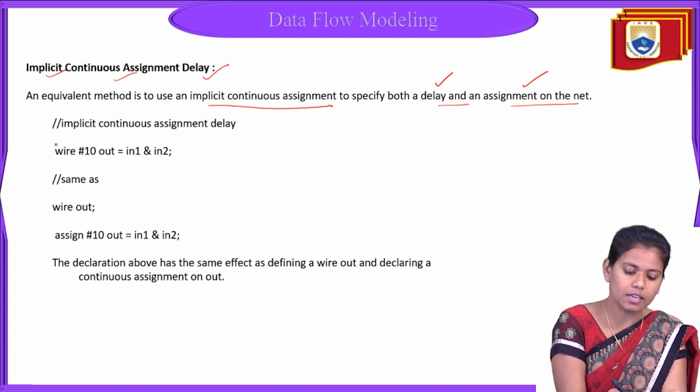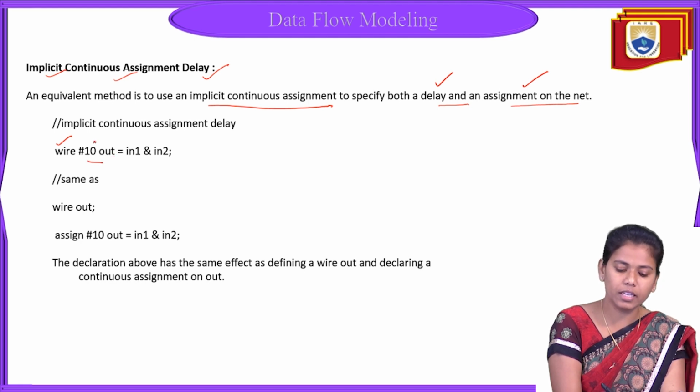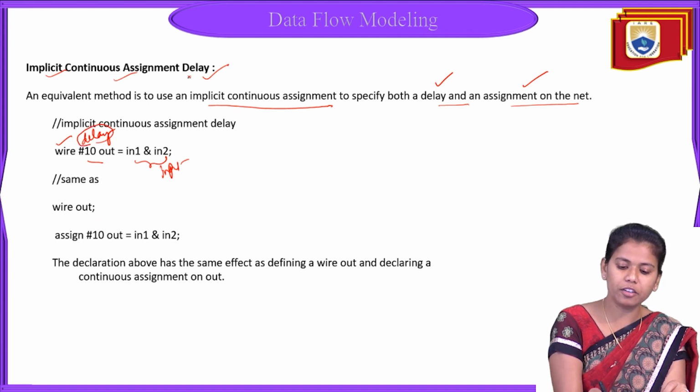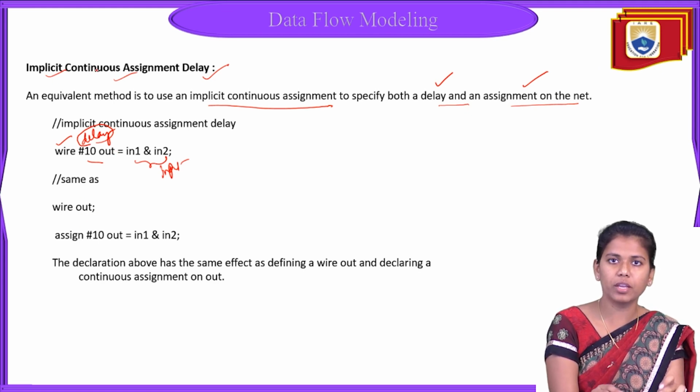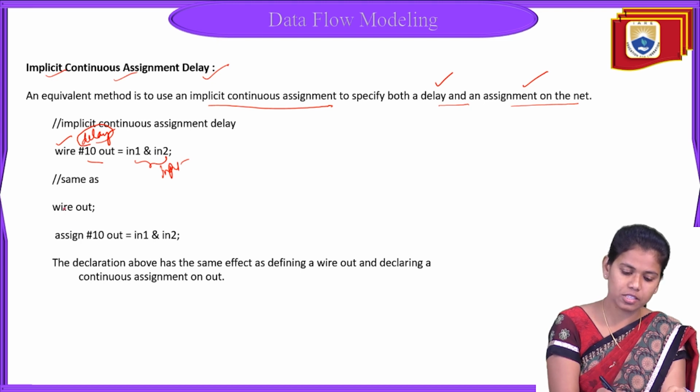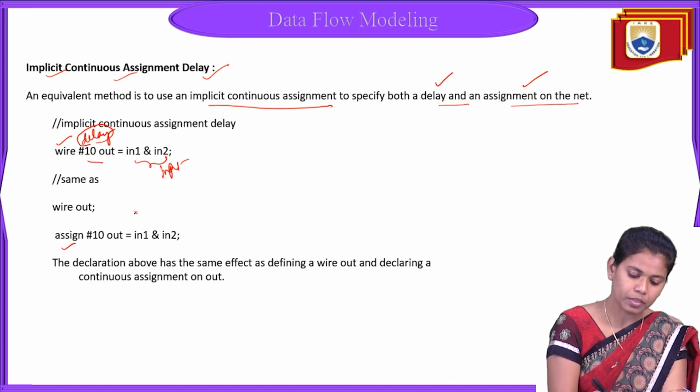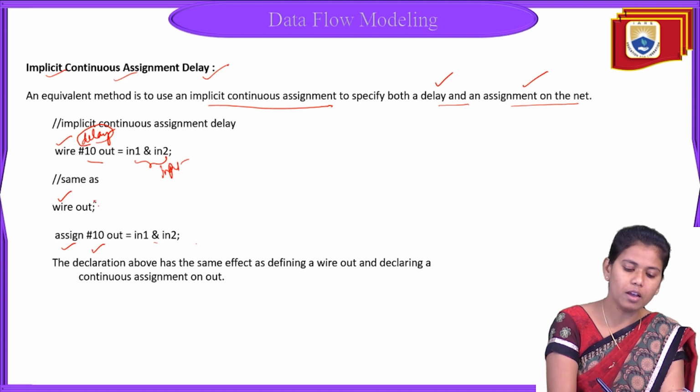So how it goes: wire is a keyword, assign #10 out, where 10 is nothing but the delay, and the output is equal to in1 and in2. These are the inputs. This is the same as wire out. This is in terms of implicit continuous delay, whereas the other is simply an implicit continuous assignment, where we use the keyword assign with a delay of 10, out, in1 and in2.